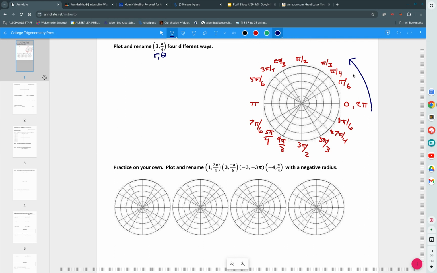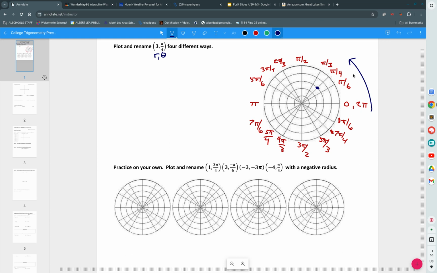And then as I rotate, I move 3 in that direction towards that angle. So 1, 2, 3. And that's the coordinate. Are we okay with that?